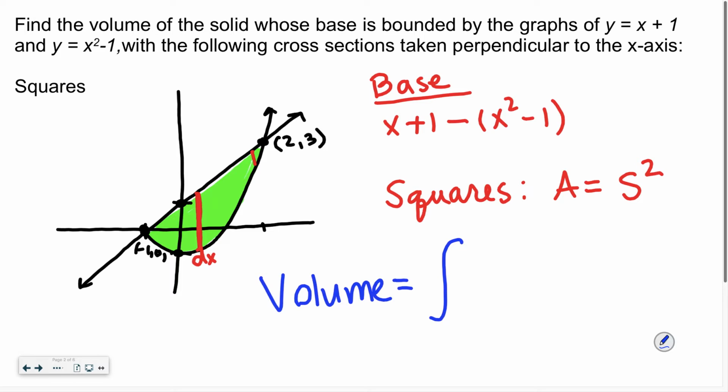We're doing this in terms of x, so we've got to go from -1 to 2 since that's where our intersections are. Our area is side squared. We know that the base is x plus 1 minus the quantity x squared minus 1. So our area of the square would be that square.